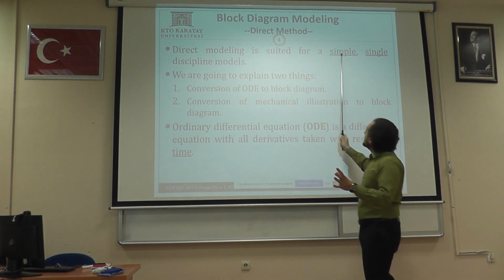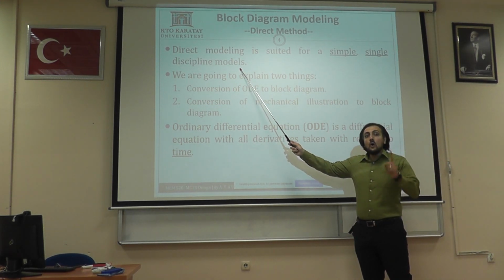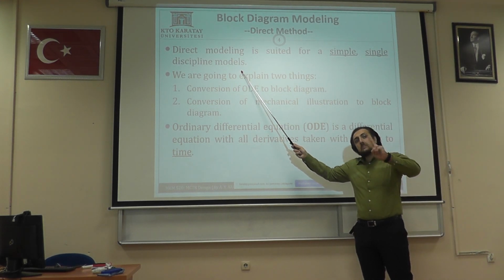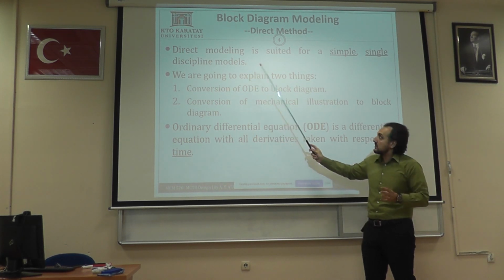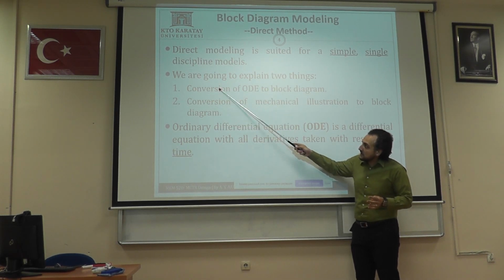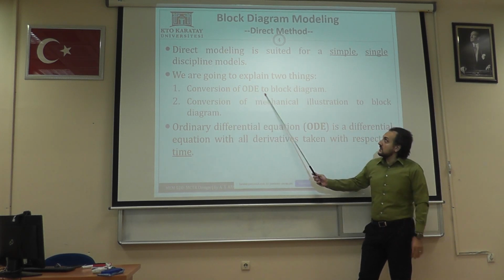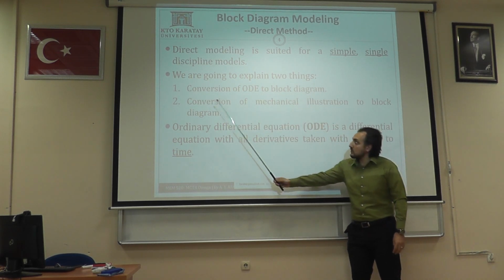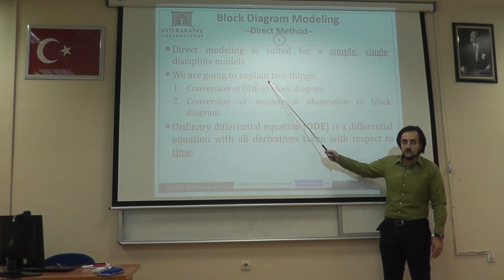So here it's for simple and single discipline models. Only electrics, or only mechanic, only chemistry, only physics, for example. And this direct method can be divided into two: conversion of ODE to block diagram and conversion of mechanical illustration to block diagram. I will teach you today both of them.